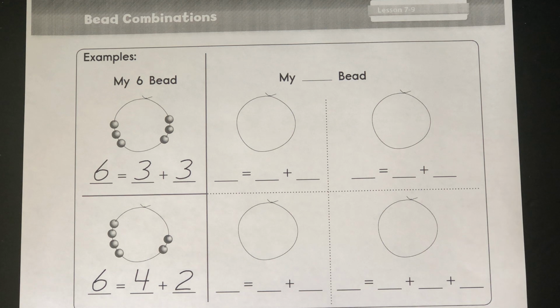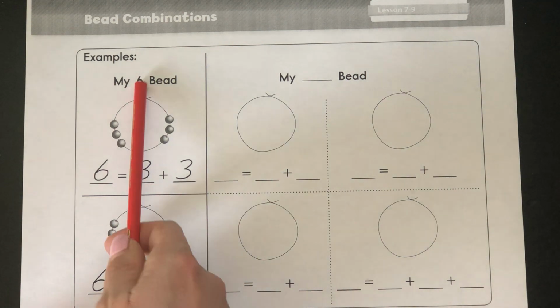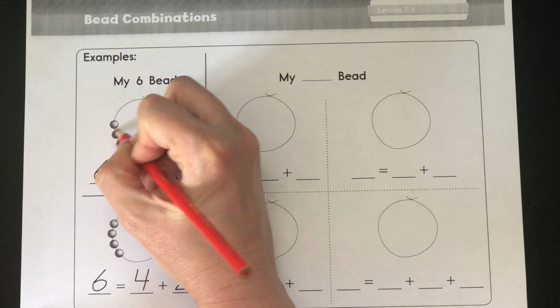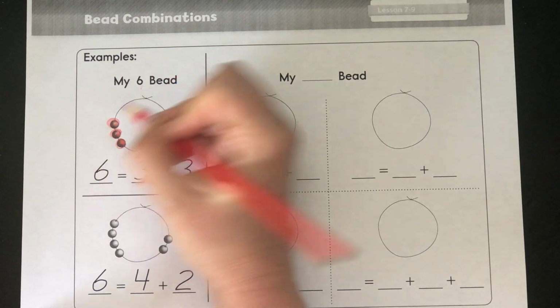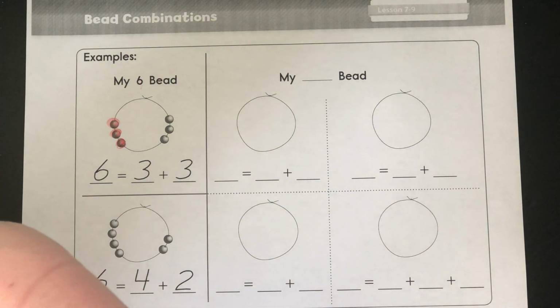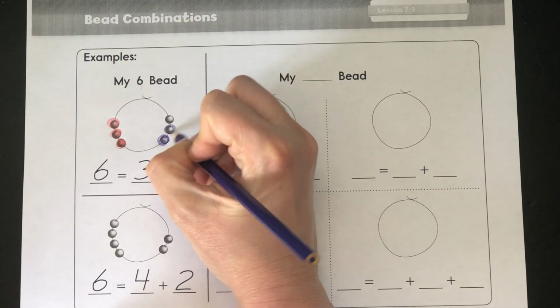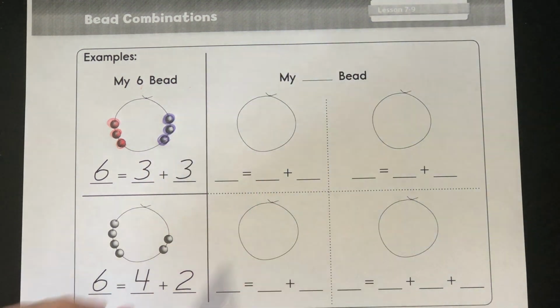So what basically happens with bead combinations is we're finding more than one way to make a number using a number sentence. For example, they had my 6 bead. To make 6, they put 3 on one side of their necklace. So I'm using a red colored pencil for that. And they did 3 on the other side. So I'm using my purple to show you that.